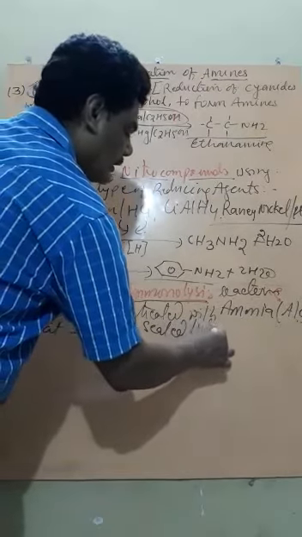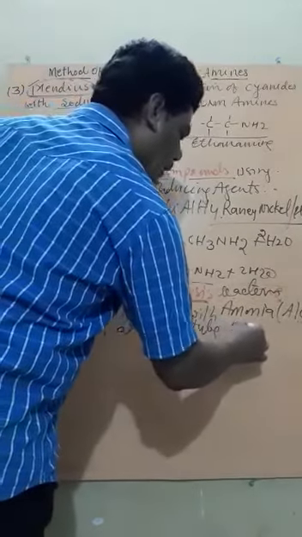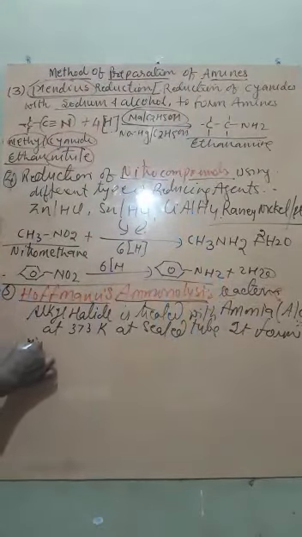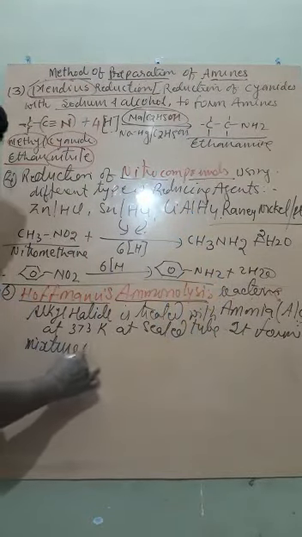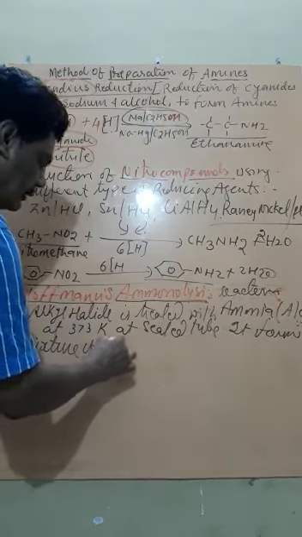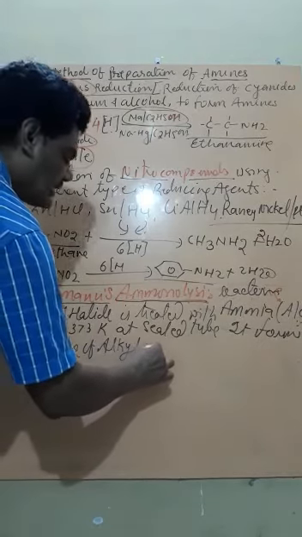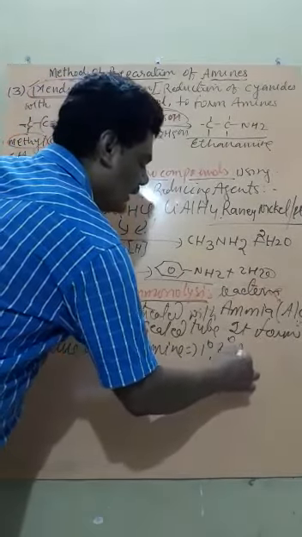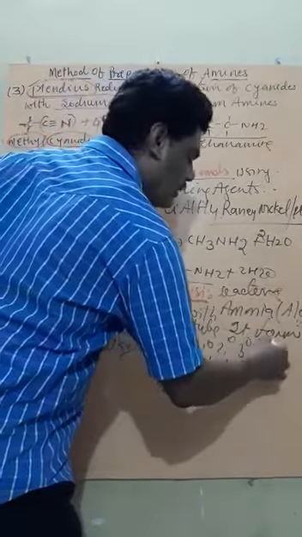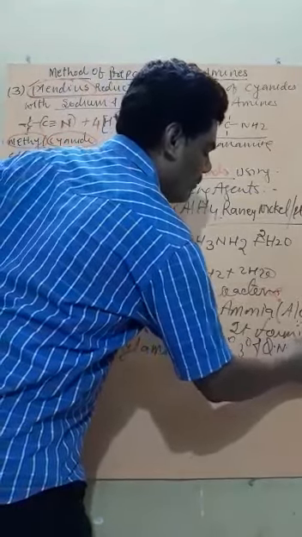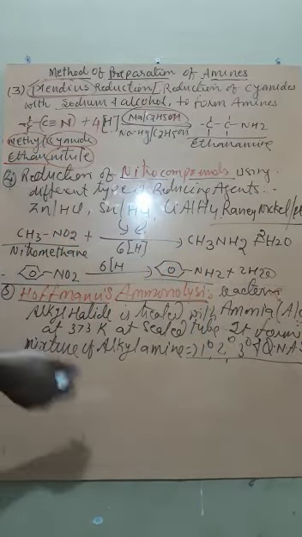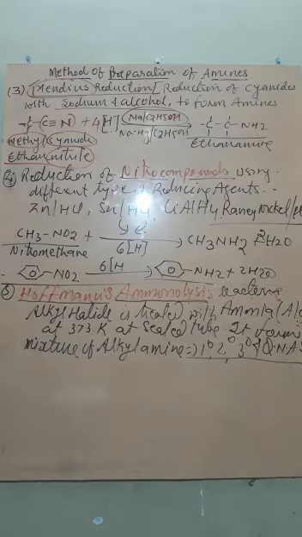It forms a mixture of alkyl amines, like primary, secondary, tertiary, and even quaternary ammonium salt. So all four types of amines can be obtained here. That is, a mixture of aliphatic amines can be obtained by this reaction.